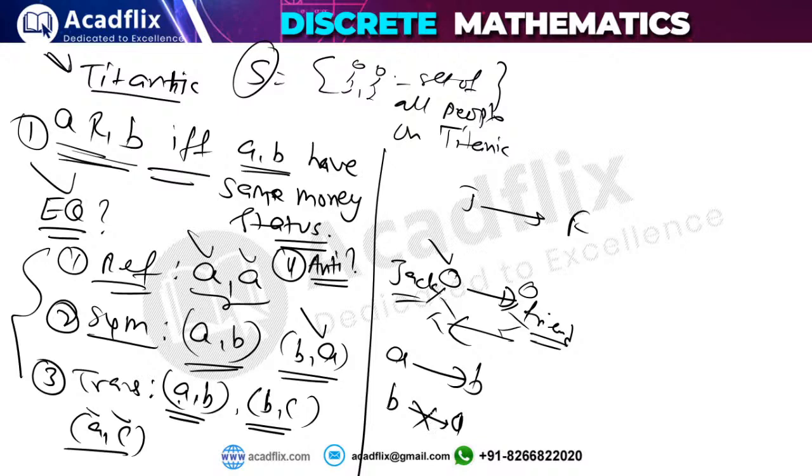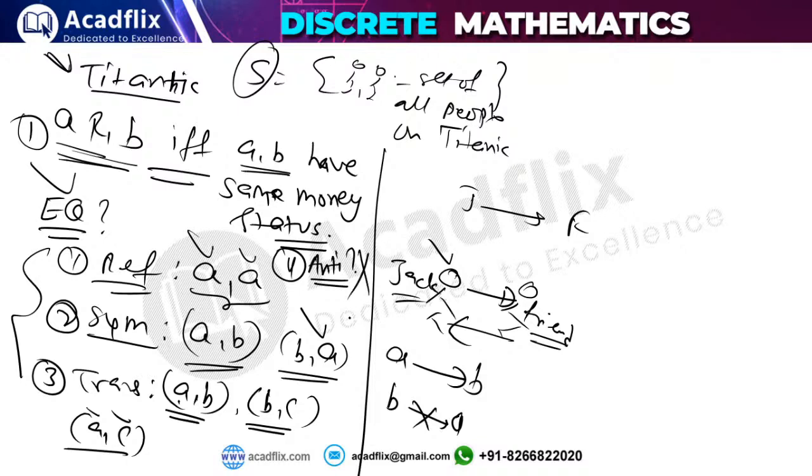Many students have said that this is anti-symmetric. Yes, different people can have the same money status. So Jack is related to his friend, and his friend is related to Jack. So between different elements there is symmetry, and we can say that this is not anti-symmetric.